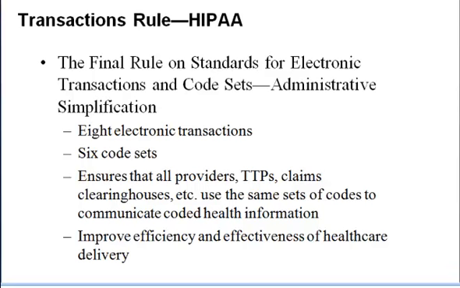This rule ensures all providers, third-party payers, and claims clearinghouses use the same set of codes to communicate coded health information, therefore ensuring standardization for systems and applications across all of the healthcare continuum. Not only does this support standardization, but it also supports administrative simplification.